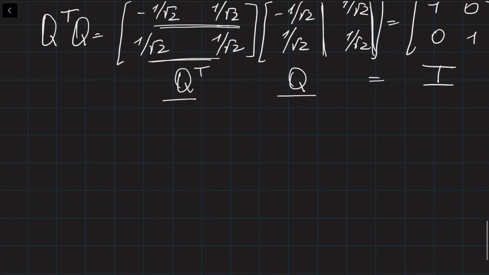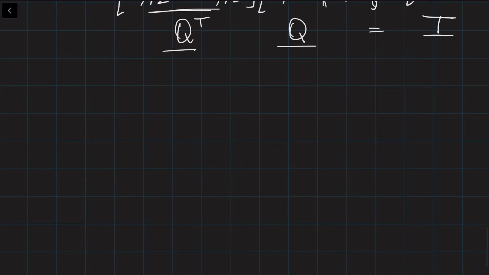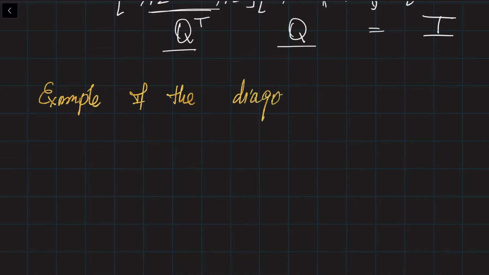So now let's go back to the diagonalization of a symmetric matrix. In order to demonstrate how to build the diagonalization of a symmetric matrix, let's do an example.